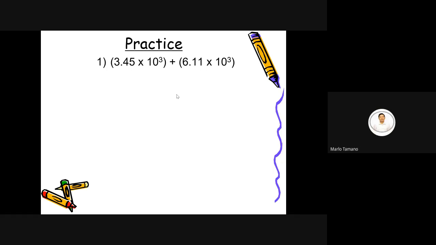So, we have here 0.45 plus 0.11, that is 0.56. Then 6 plus 3 is 9. Tama? So, 9.56 times 10 cube.